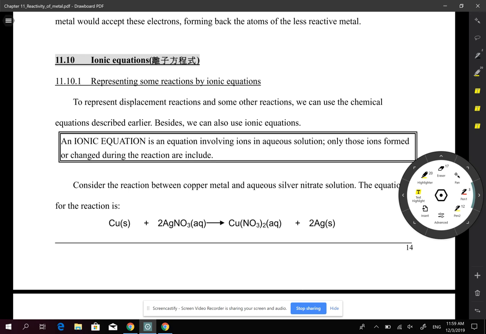It is called ionic equations. We already learned to write down quite a lot of equations. We have learned how to write down the equations of the reaction between metal and oxygen, metal and water, metal and acid. We also already learned the equations of displacement reactions.